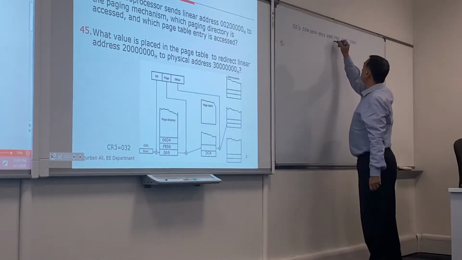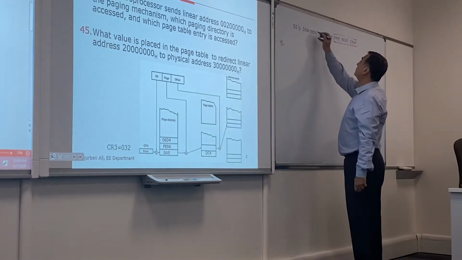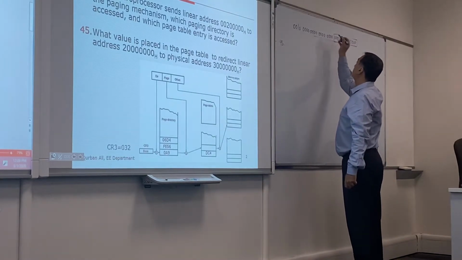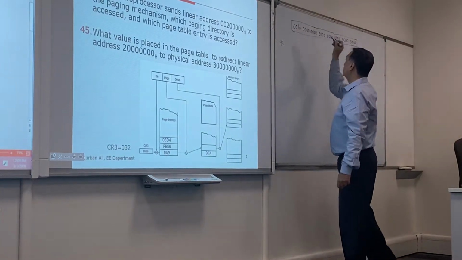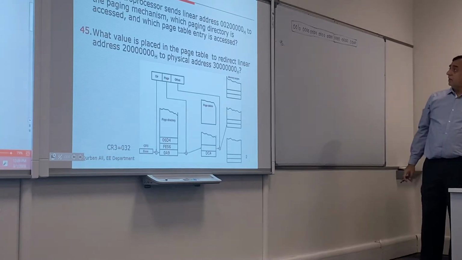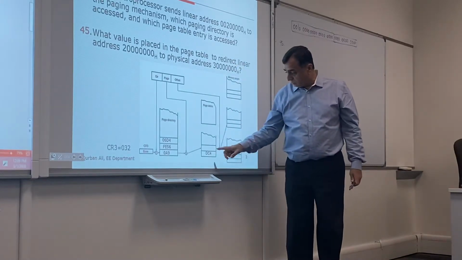So this one is the offset. This is the page table, and this is the directory. Now the question is, what is placed in the page table? So this means what is in here.